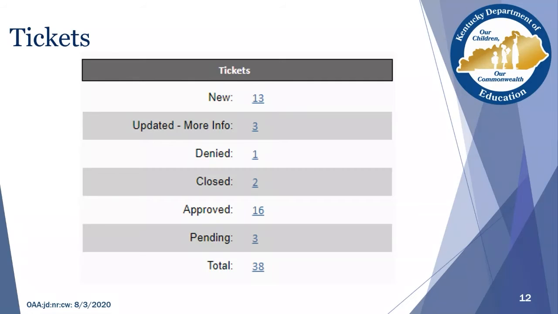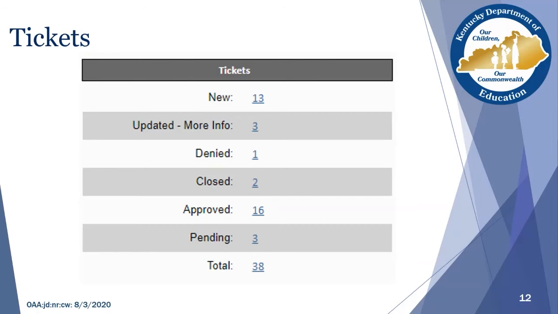So as a DAC, you'll be able to see every school in your district and what your building level people are submitting in SDRR. Any changes, you'll be able to see the new information. You also see that next one, which is updated, and that's more information.